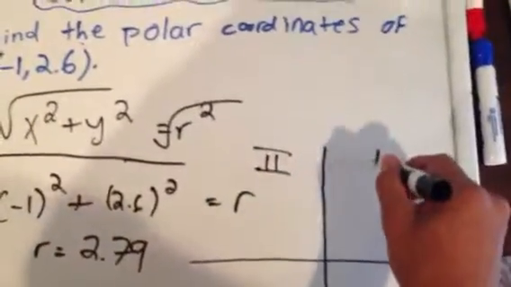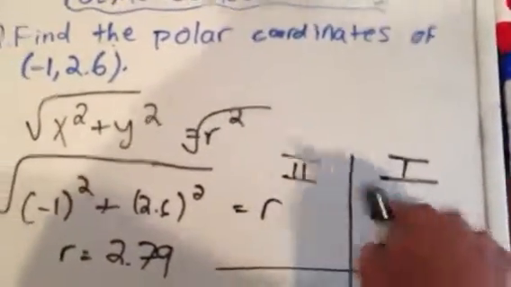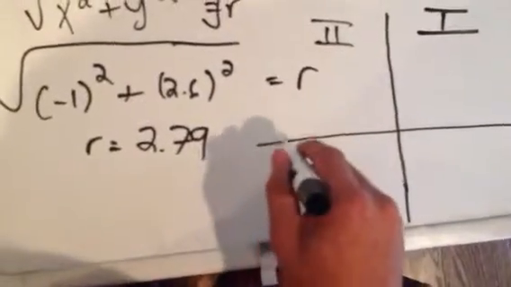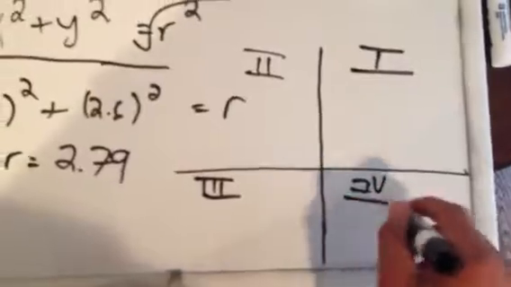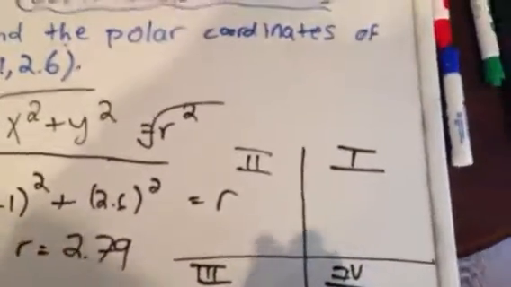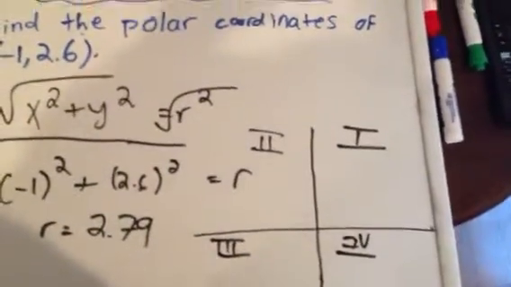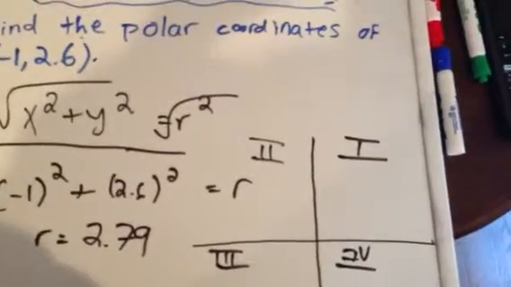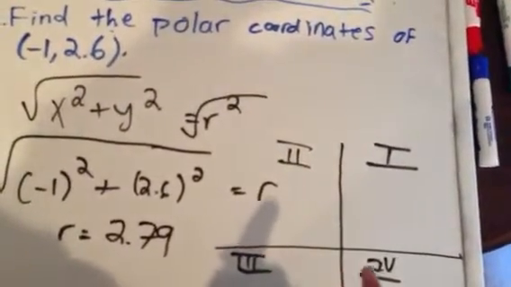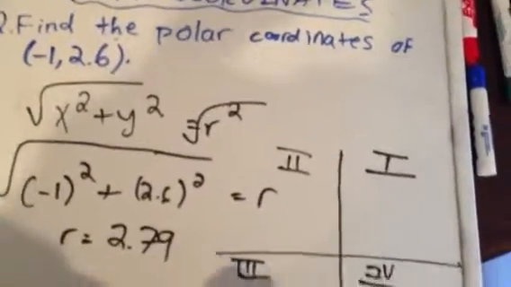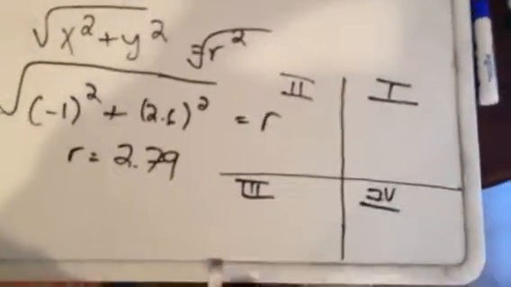And just to refresh your memory, this is 1, this is 2, this is 3, and this is 4. Now when you find the angle, you are going to take the tan inverse of y over x. However, understand this, you're not going to only take tan inverse of y over x in some of these quadrants.